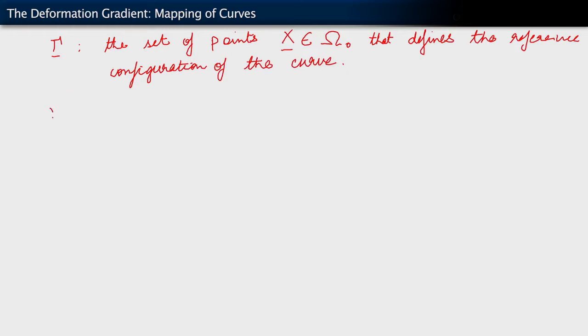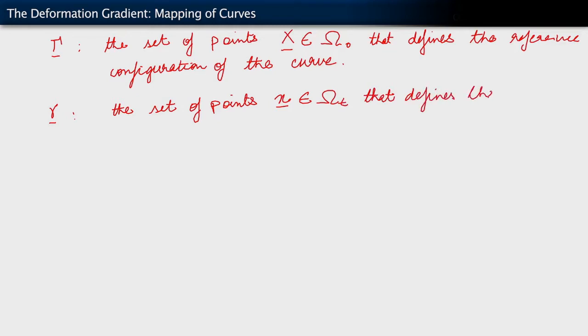Likewise, little gamma is the set of points little x belonging to omega sub T that defines the deformed configuration of the curve.